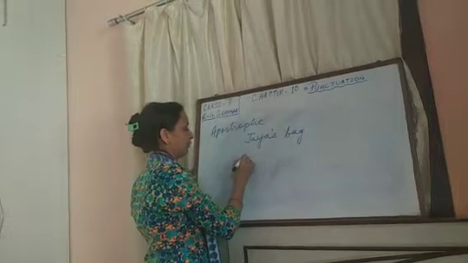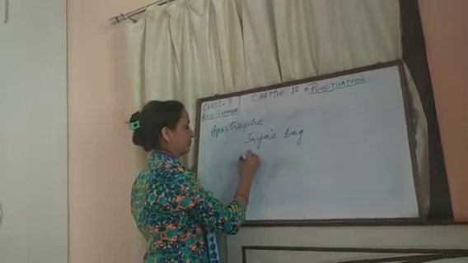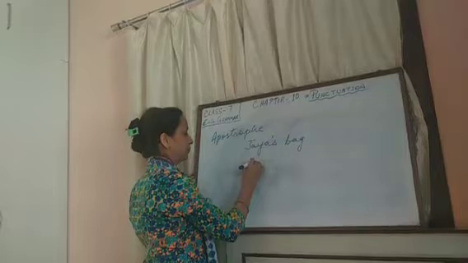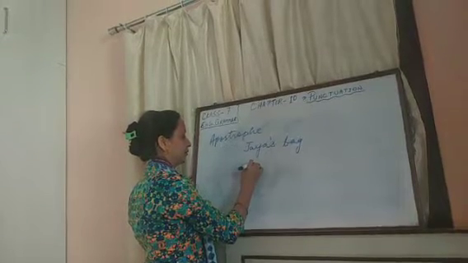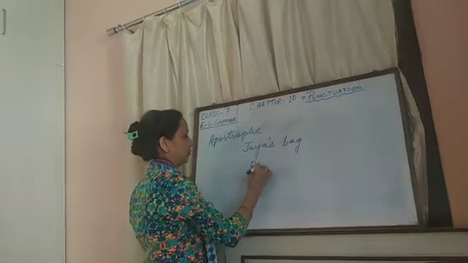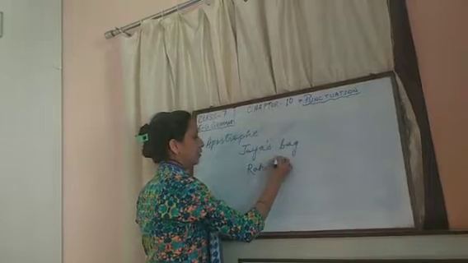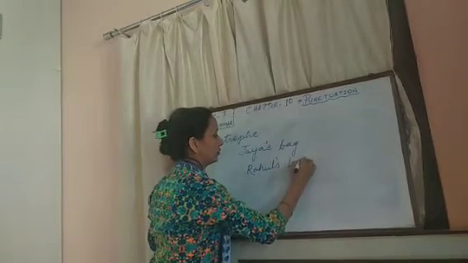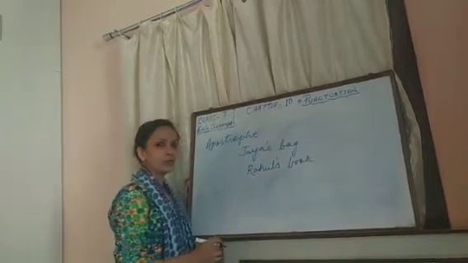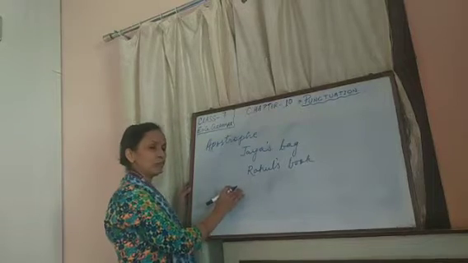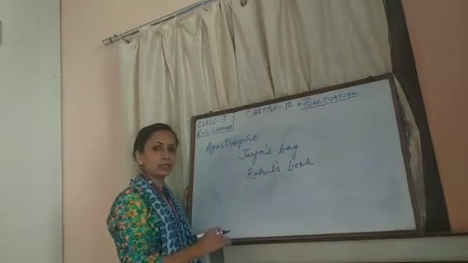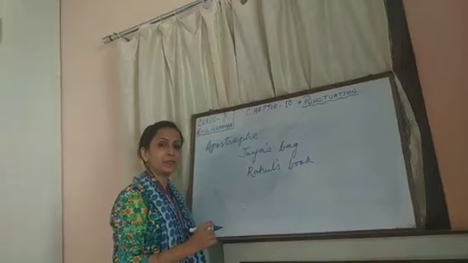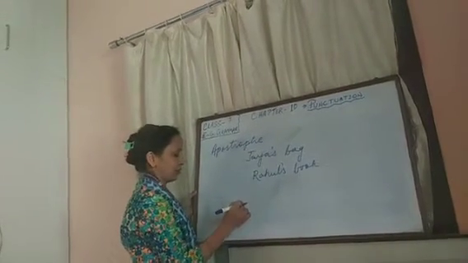Or another I can give you, like Rahul's book. So this is the use of apostrophe. Another use of apostrophe is to show the missing letters in contracted forms, or contractions.